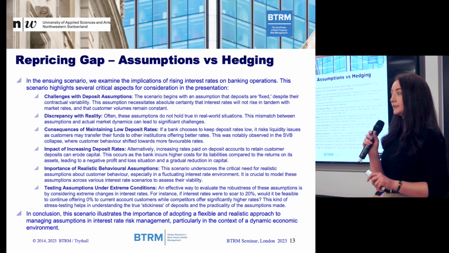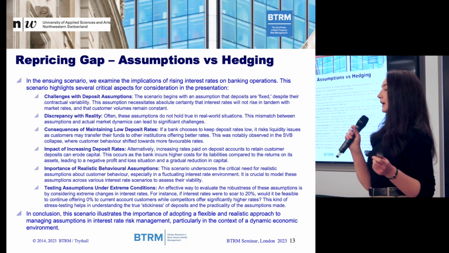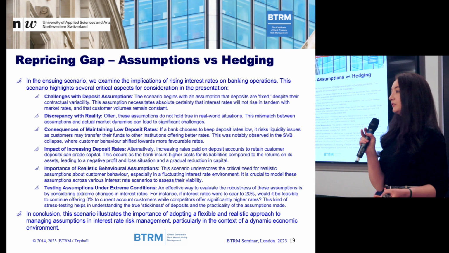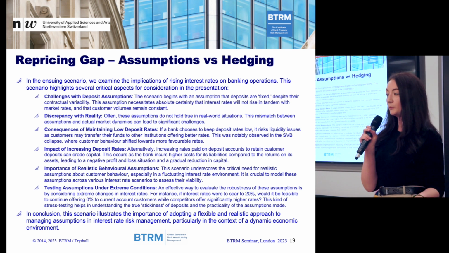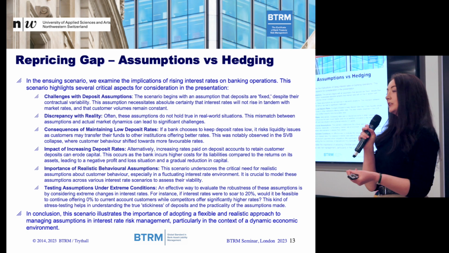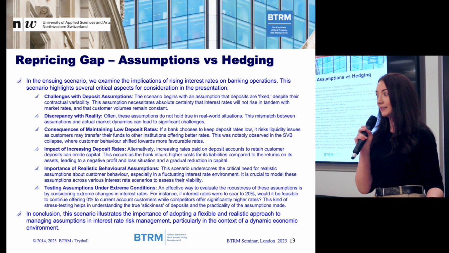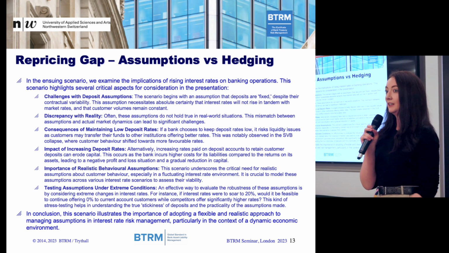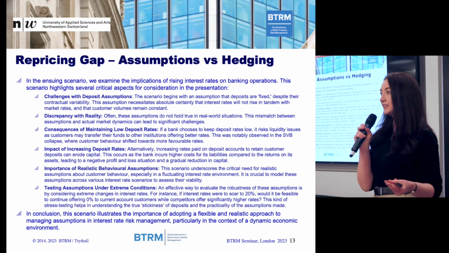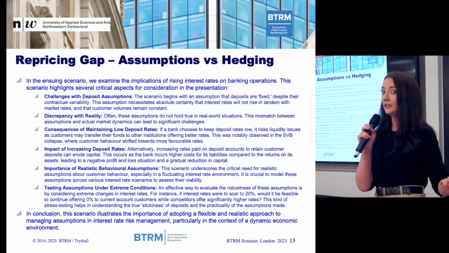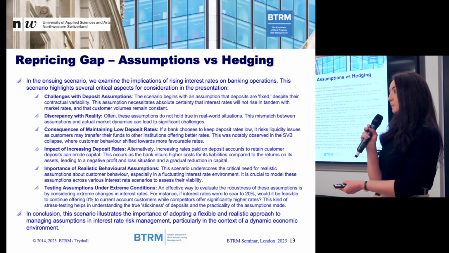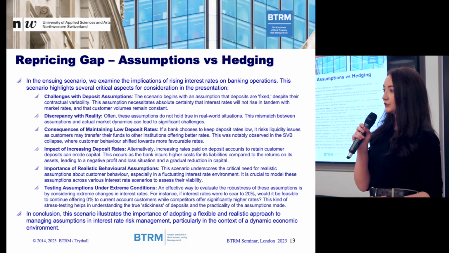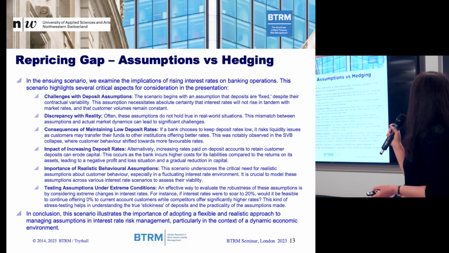One way that I like to test the assumptions is to say, if interest rates went up to 20%, which is a very severe scenario, can we still say that we're going to give current accounts 0%, and will they stay with the bank when everybody else is giving around 15% on current accounts? Will they stay with the bank getting 0% if interest rates were 20%? If the answer is yes, then that's fine, use current account assumptions. But if the answer is no, then that's where you need to check.